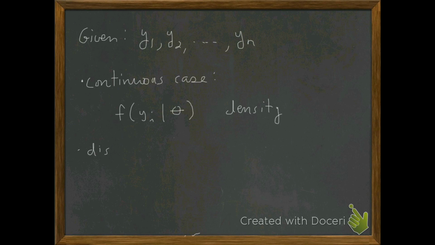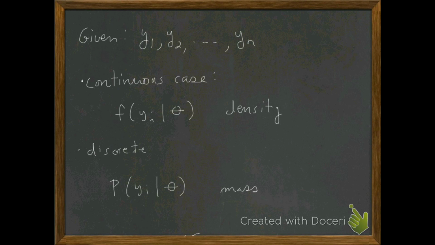And we'll look at the discrete case. In this situation, we'll look at p of y sub i given some theta, and we'll refer to this as our mass function.